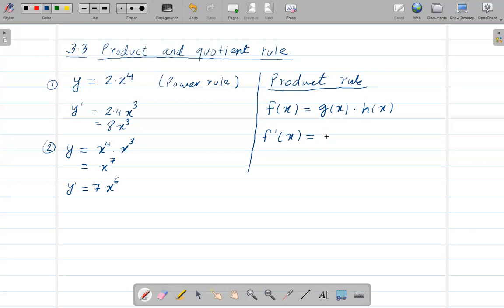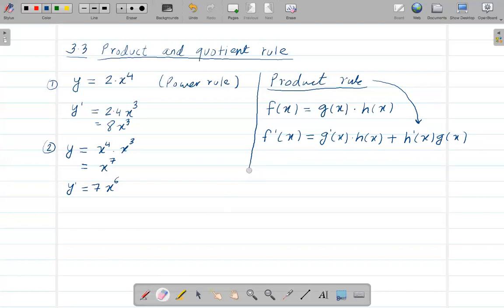Let's say I take the derivative of g, so g prime of x. If I take the derivative of this one, then the second term is going to stay the same. Plus, now I take the derivative of h, and then g of x will stay the same. All right, so this is called the product rule, right?